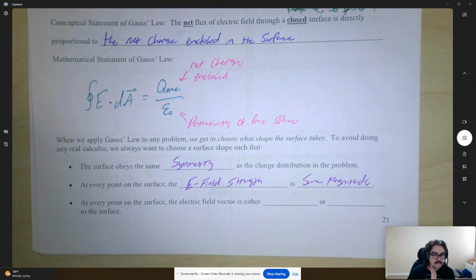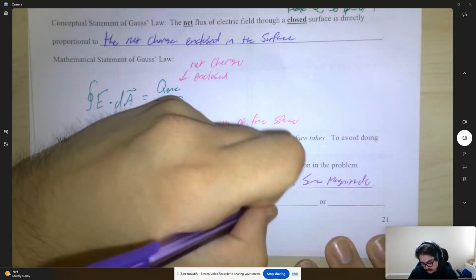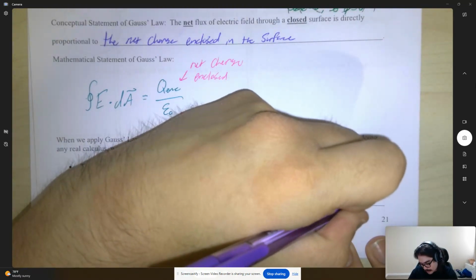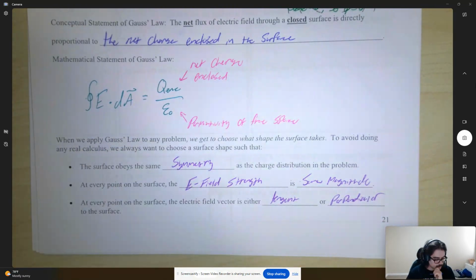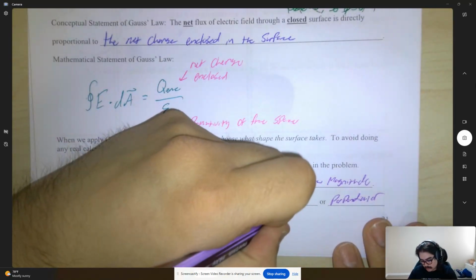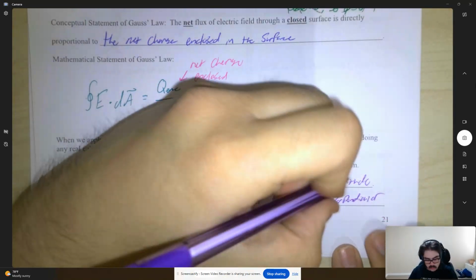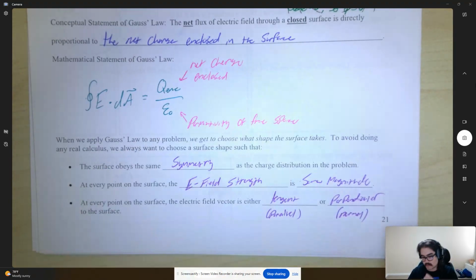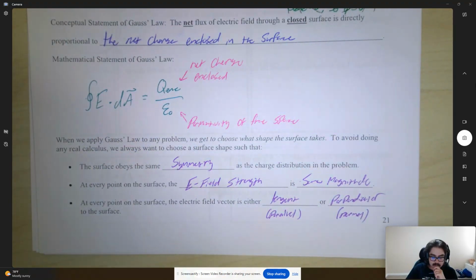Third, at every point on the surface, the electric field vector is either tangent or perpendicular to the surface, so it's either parallel or normal to the surface.